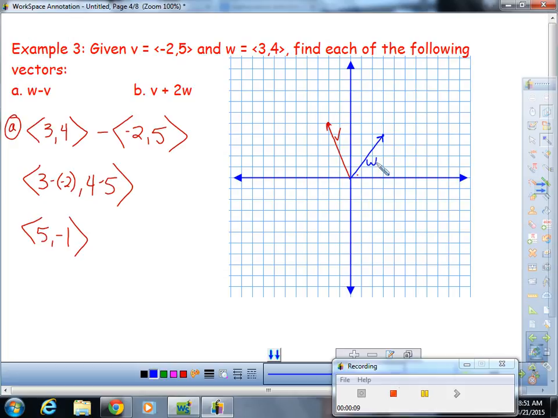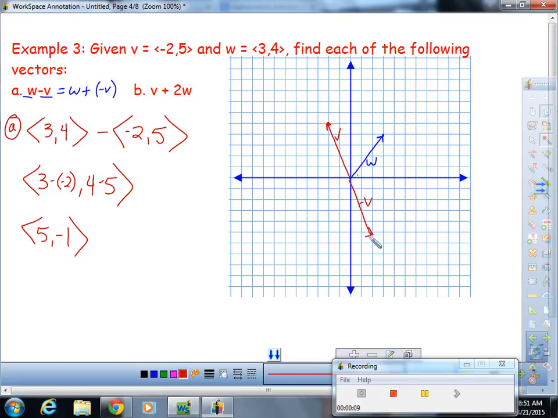When it says w minus v, remember that the orientation or location of these vectors does not matter. So when it says w minus v, let's consider that the same thing as w plus negative v. So if I took my w, which is right here, and I took my v, if you can imagine that this is v, well then minus v is going to be, let's see, that's right, this is minus v.